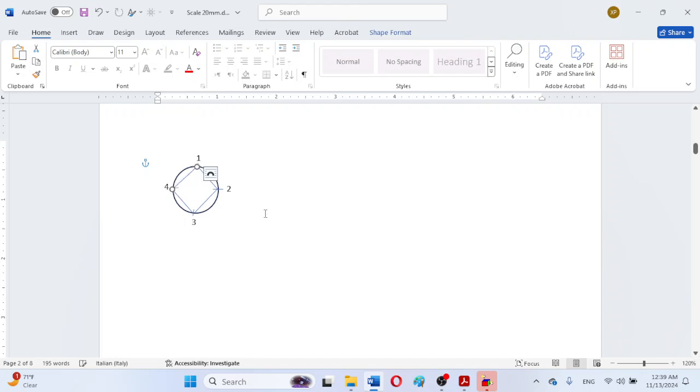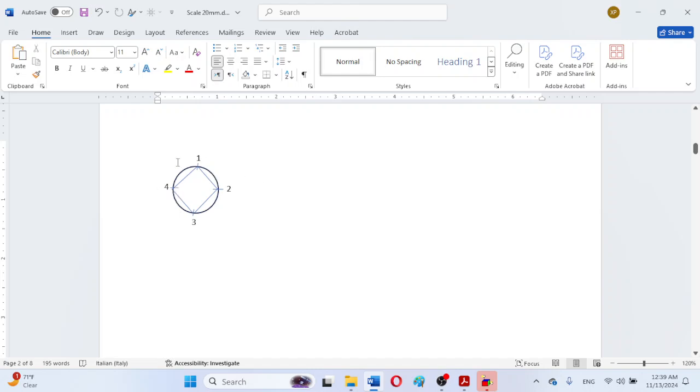This shape doesn't need to be an exact square or some correct shape; it can be any approximate shape, just to show these physical links and their connections.